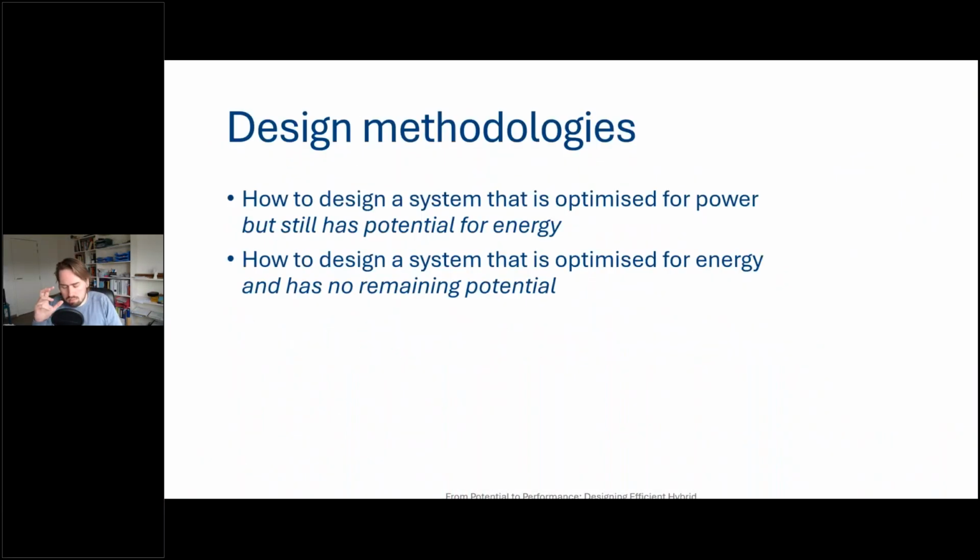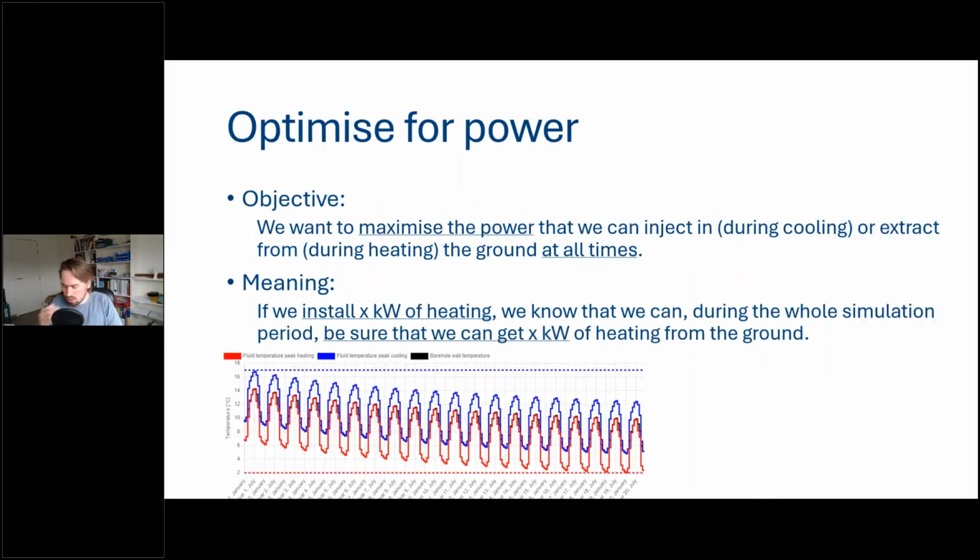So you can make a distinction between optimizing your Borefields for power, where it still has potential for energy, and also to optimize your system so that it has no remaining geothermal potential at all. And if we start with the power, we have the objective that we want to maximize the power in heating and cooling at all times.